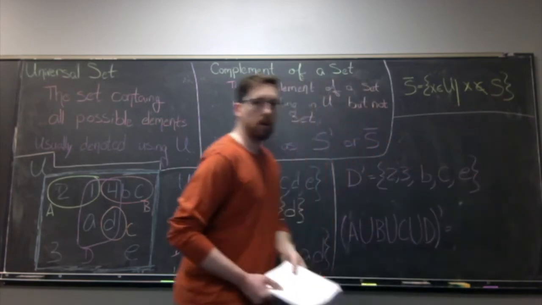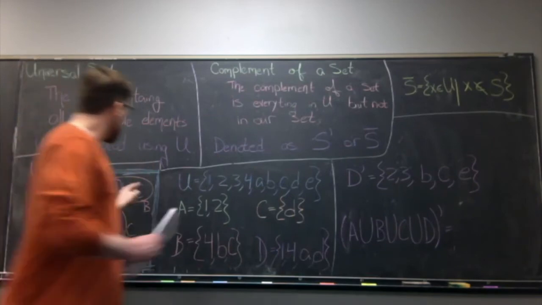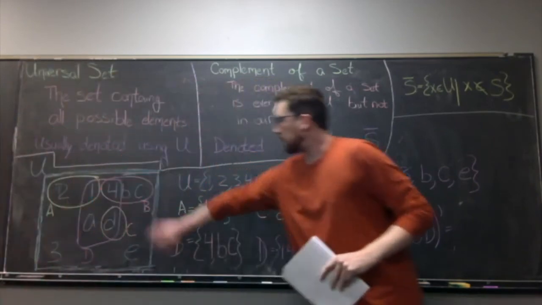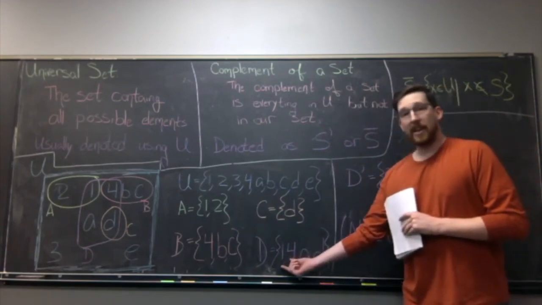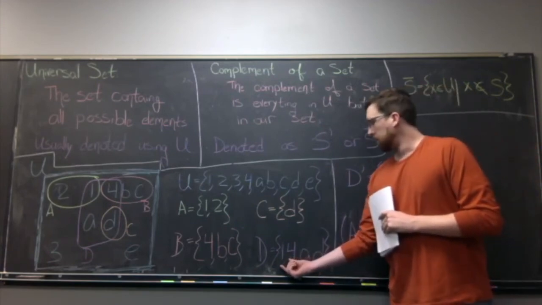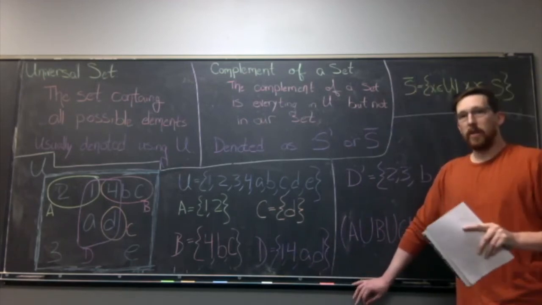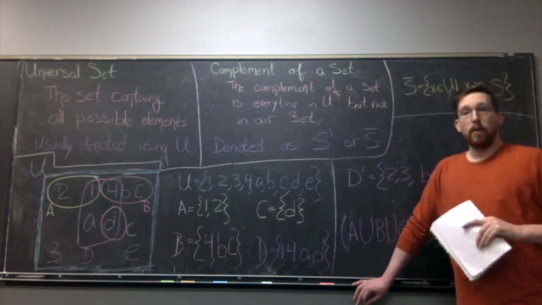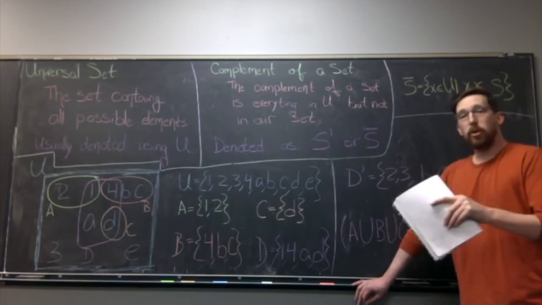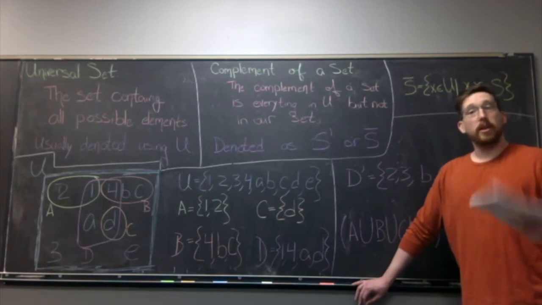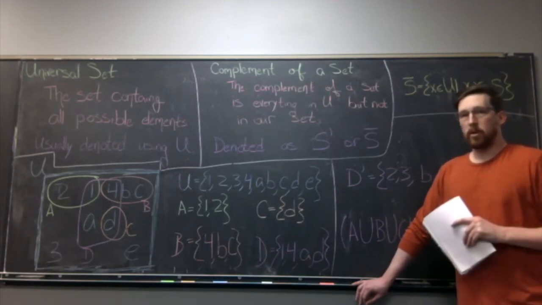Cool. All right, so let's do this in practice now. Using these same values that we had before, if we wanted to take the complement of the set D, we would say, all right, take all the elements from the universal set, and remove those elements that are in D. That's the complement of D. So what does that look like?